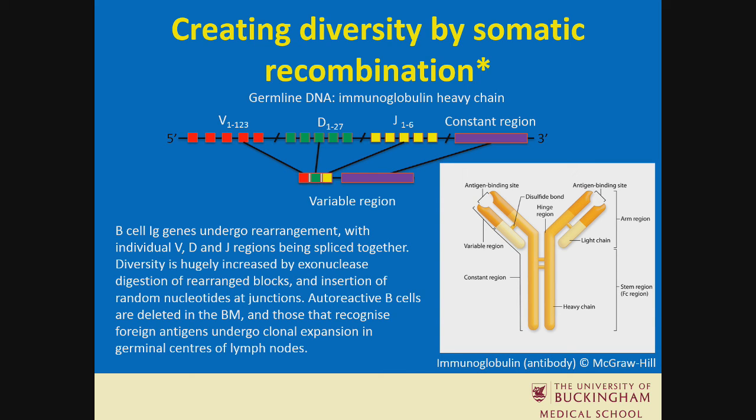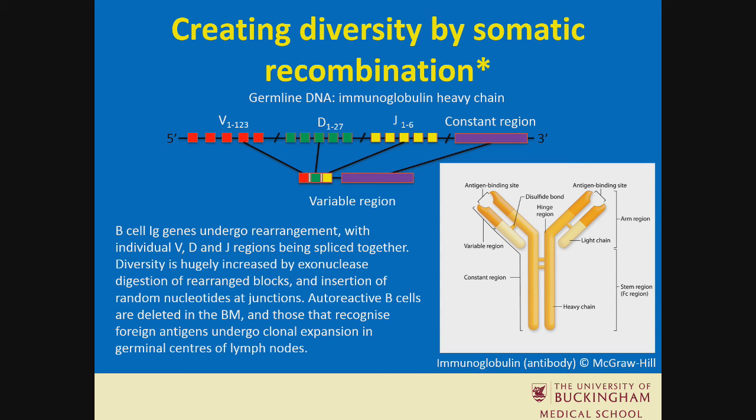And what happens is exonucleases nibble away at these blocks and random nucleotides are inserted. And once this has rearranged, it can rearrange again. So an antibody can be honed to increase its specificity for an antigen. And this means that 2 genes can produce antibodies where they can recognize just about any challenge the cell would ever meet.